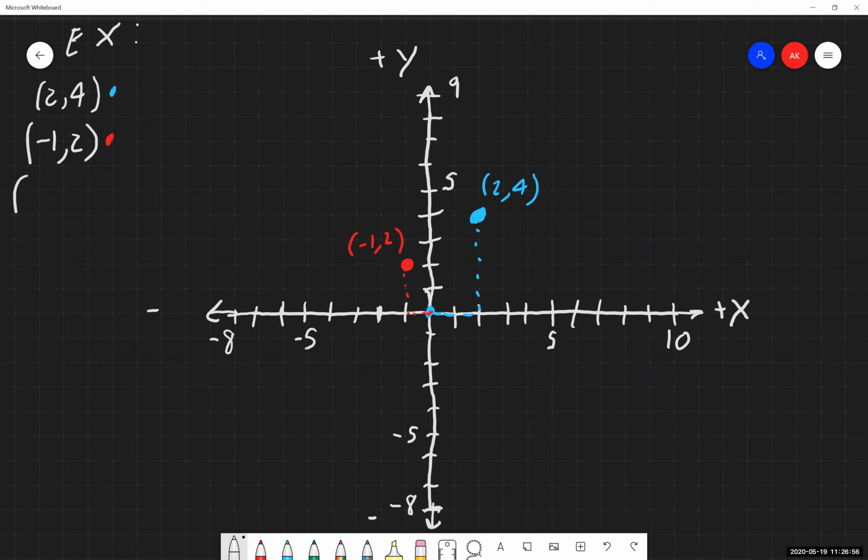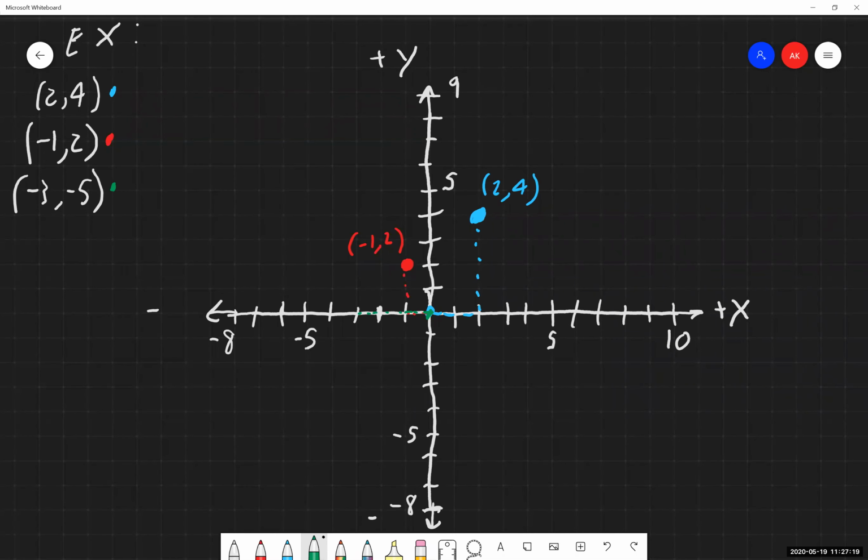Our next point that we have is -3, -5. And we'll do this one in green. So once again, starting from the origin, looking to my x value, my first number that I've been given, I'm going 3 in the negative direction.